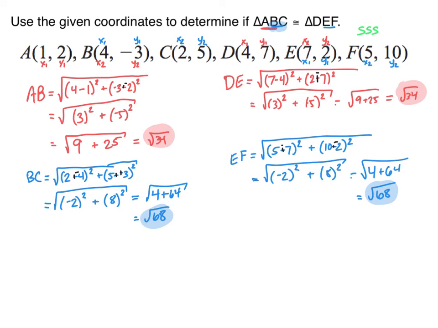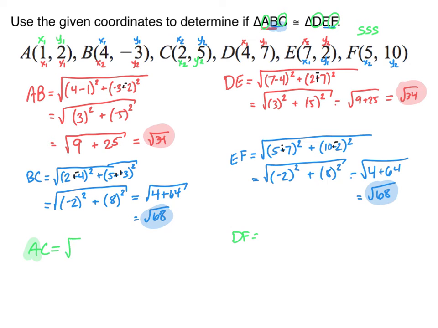And I've got to do the last set, which is to figure out what AC is. That was A and C, so then I would use D and F. So then DF. And AC, x1, y1, here's x2, y2.